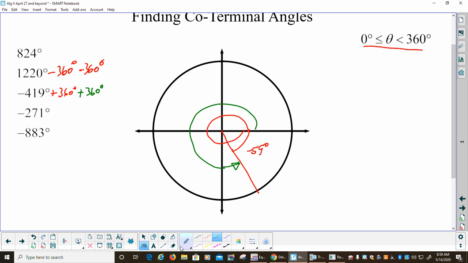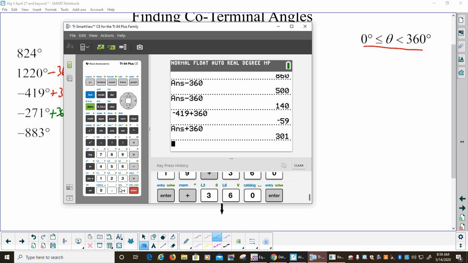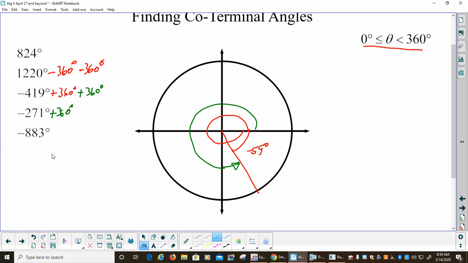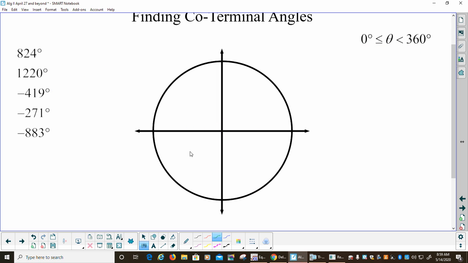Okay. So on this, how about just adding 360? So negative 271, negative 271 plus 360. 89 degrees would be your answer. It would be coterminal. To visualize it, it's always good to see it. You know this is a positive 270 degrees. This is negative 271. So I'm going to rotate the same amount backwards.